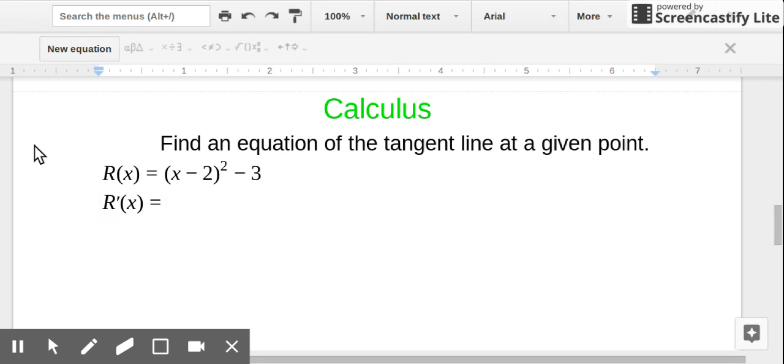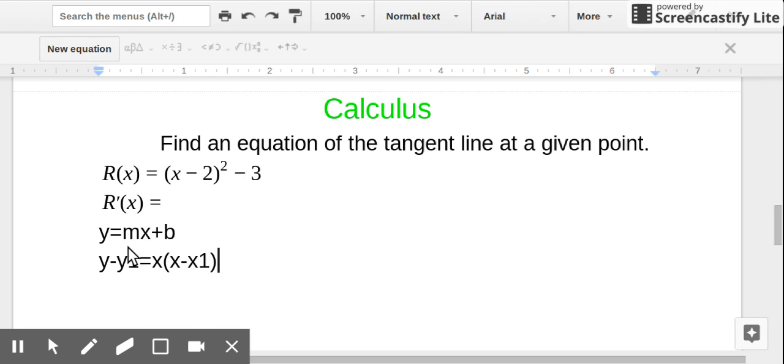So we'll need to find r prime, but the goal here, remember, is to find y is equal to mx plus b. To get to that point, we've been using the point slope form: y minus y1 equals m times x minus x1.